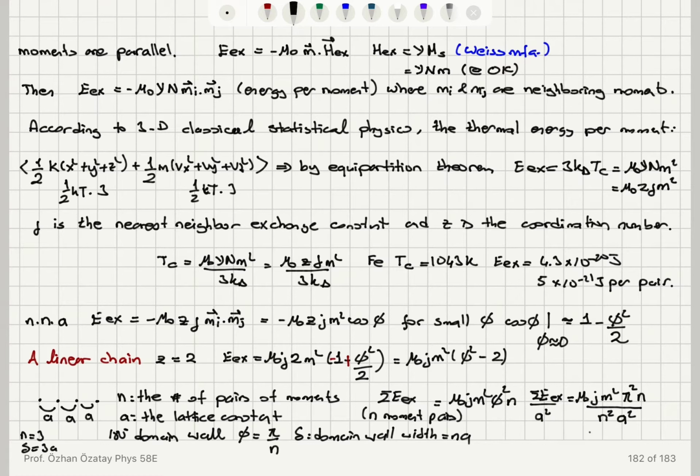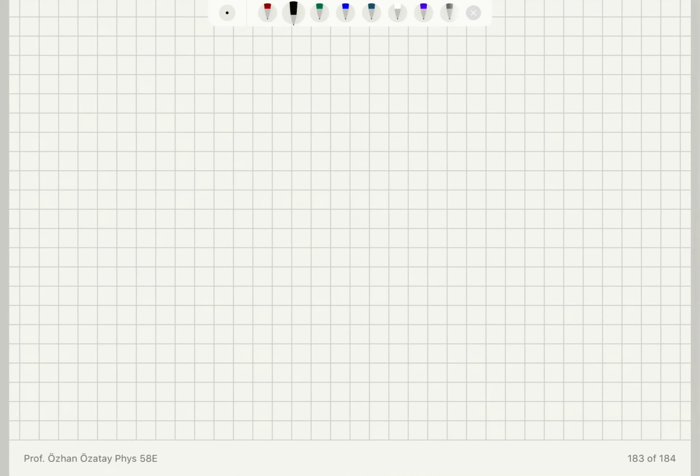So you can see that the n's will cancel here, and I will find that the exchange energy per area of the wall will be given by mu 0 j m squared pi squared divided by n a squared, which I'm going to call exchange stiffness A times pi squared over n a.